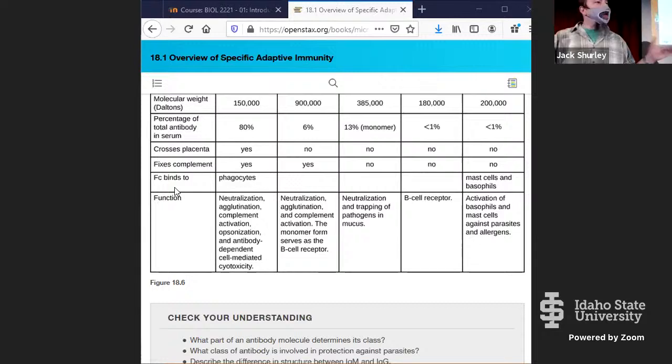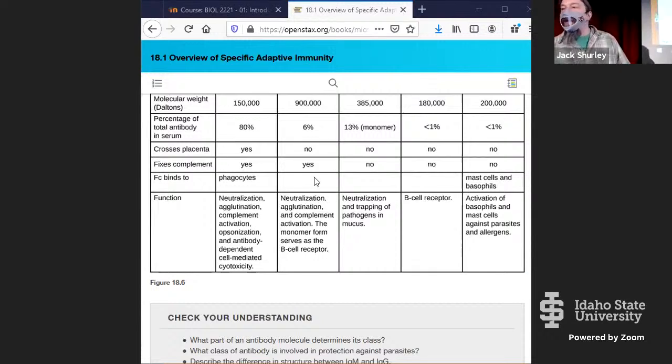The antibodies may serve as opsonizing agents, coating some sort of foreign invader. These would be like little red flags sticking out saying, come get me. The phagocytes recognize these red flags, and there are FC receptors on the phagocytic cells that bind to them, causing that foreign substance, typically a bacterium, to be engulfed.